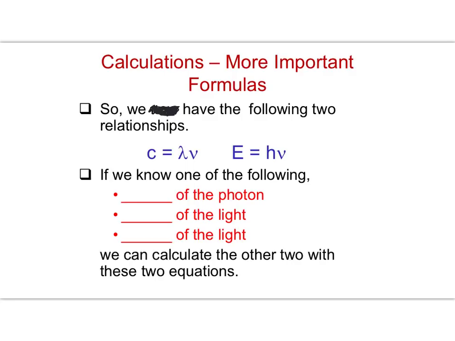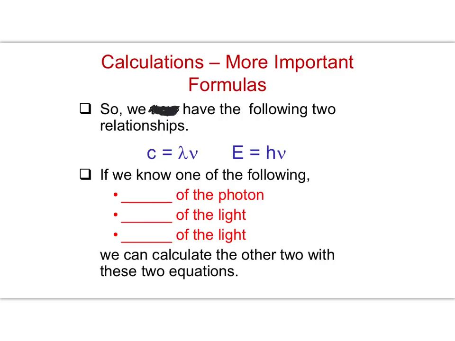But the speed of light in a vacuum is equal to the wavelength of the light times its frequency, so c = lambda nu. This formula here, the energy of a photon is equal to h, or Planck's constant, times the frequency nu.